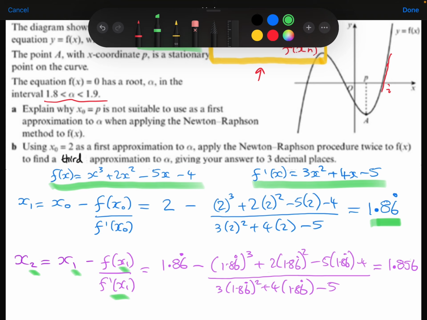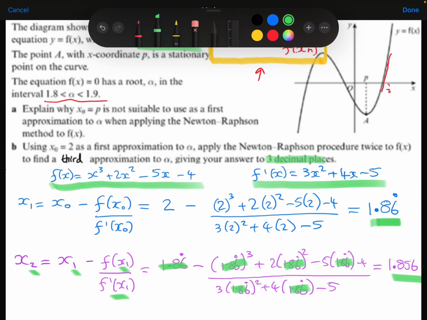When I actually type this on my calculator, I type Answer in here instead of 1.86 recurring, and Answer here, and Answer here, and Answer here. Typing that in, you get the third approximation, sorry, as 1.856 to 3 decimal places, and that is the answer to part B.